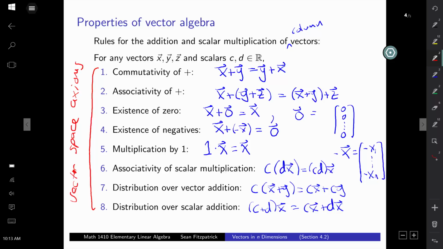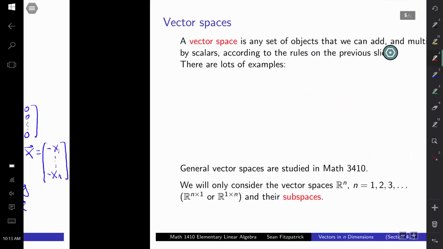And there are lots of other sorts of sets that behave algebraically in the same way that row vectors and column vectors behave. And if you go on and you take a course like 3410, you will see this sort of general picture developed there.